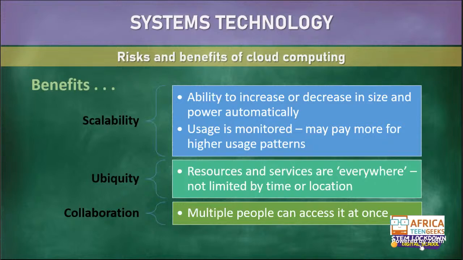Then we have ubiquity. Resources and services are everywhere and not limited by time or location. If you are using SaaS, using cloud computing, you are not restricted by borders. You can be anywhere. As long as you have your device and an internet connection, you are able to access the resources.